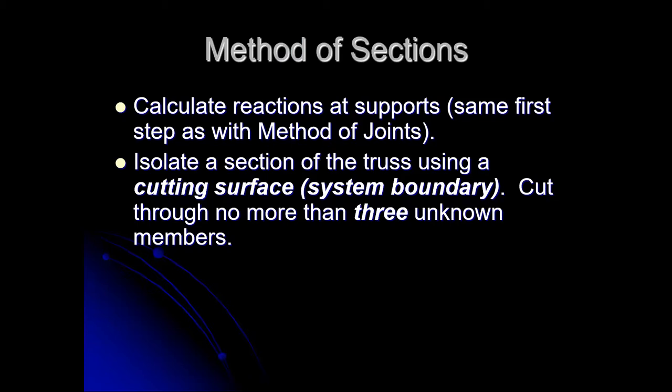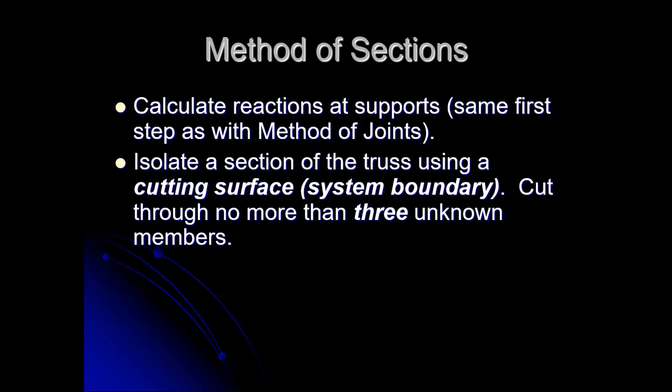Effectively, what we do when we draw that system boundary is we're defining the system we're interested in and looking at the forces that the rest of the universe exerts on that something, whatever crosses or touches that boundary.